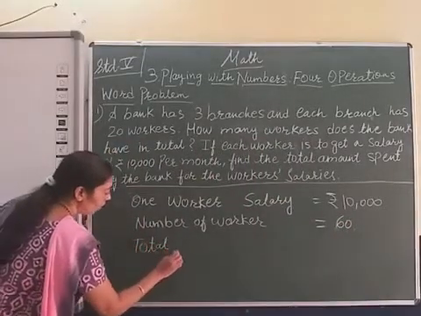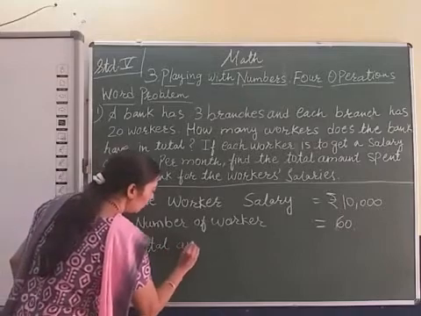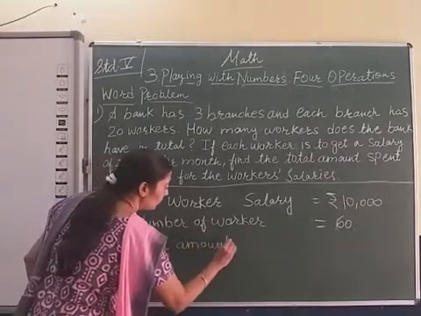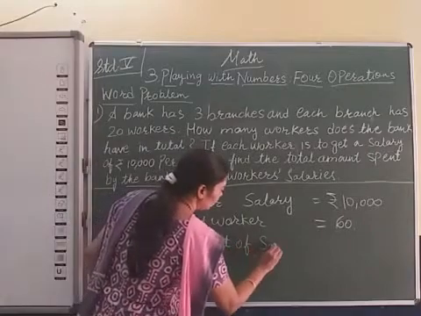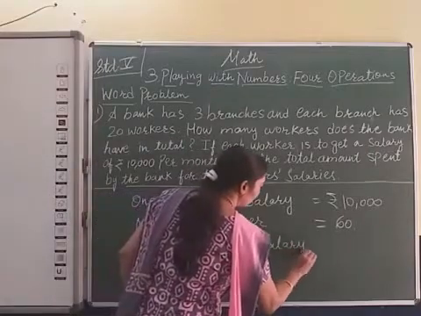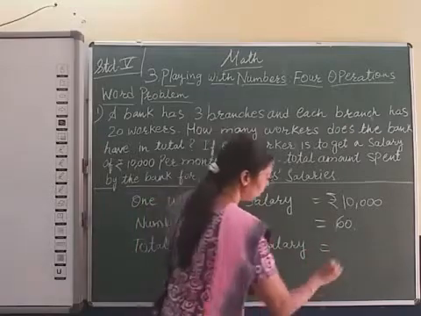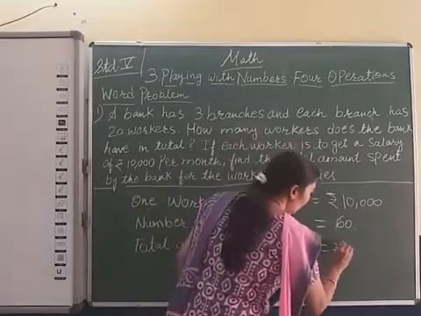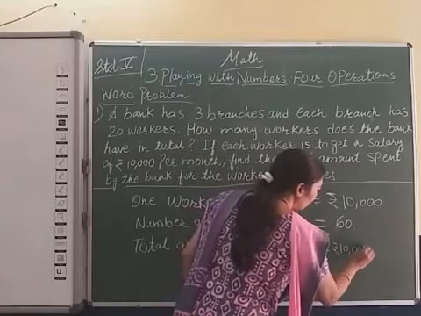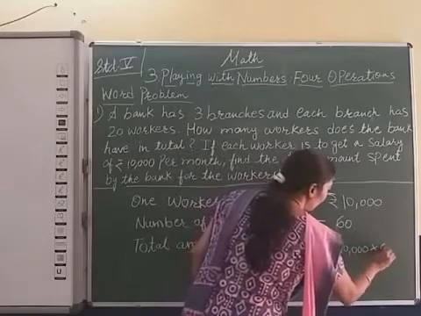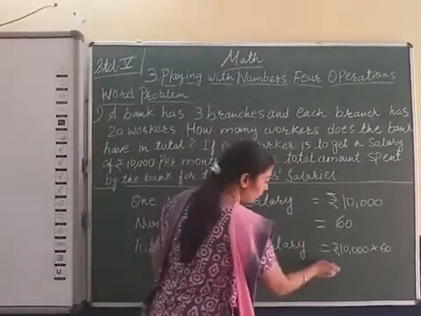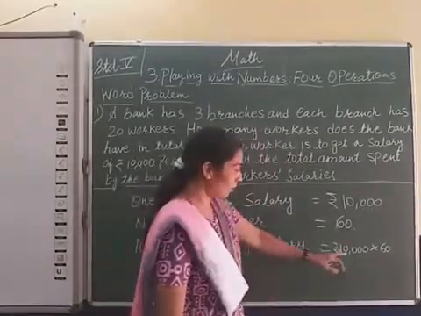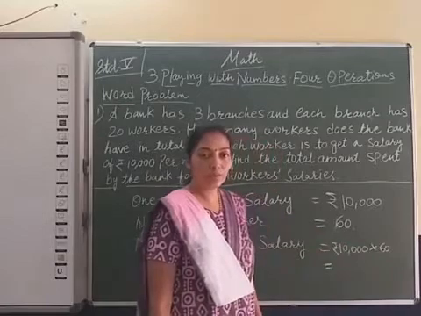Yes, we find the total amount of salary, which is equal to rupees 10,000 multiplied by 60. Yes. So how do we find it? Without calculation also you can do that.